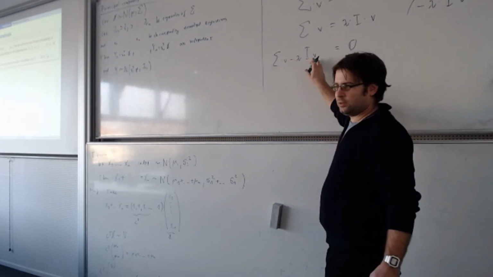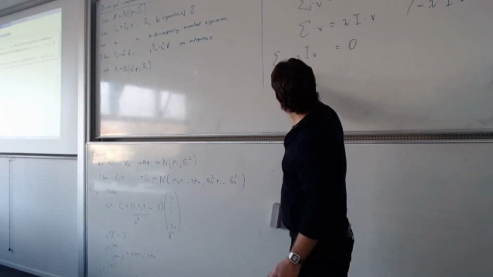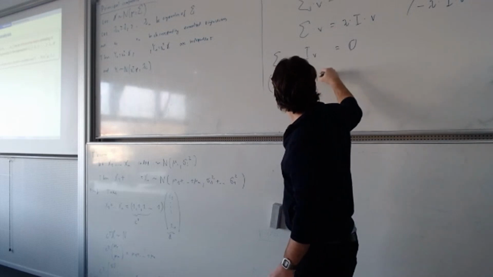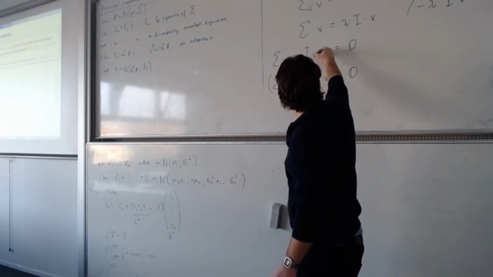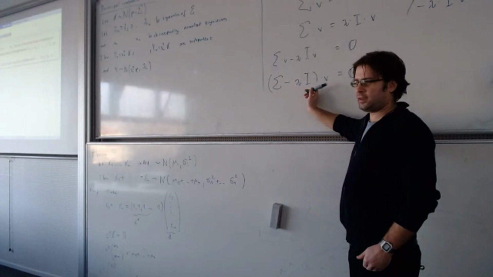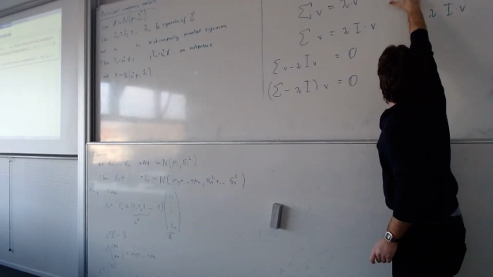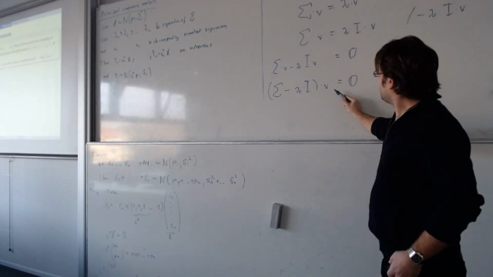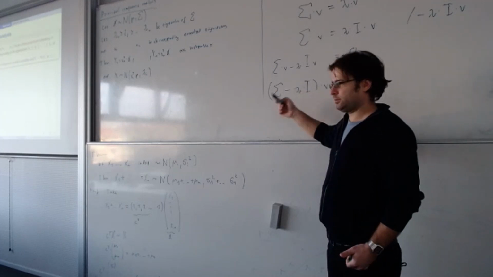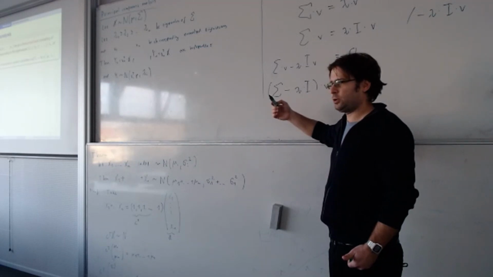Then you take the vector v and just factor it out. So you get that sigma minus lambda times I times V has to be equal 0. No, V is actually a vector. Okay. And if you have a matrix multiplied by a non-zero vector and get a 0, this means that the corresponding set of linear equations needs to have a nontrivial solution.